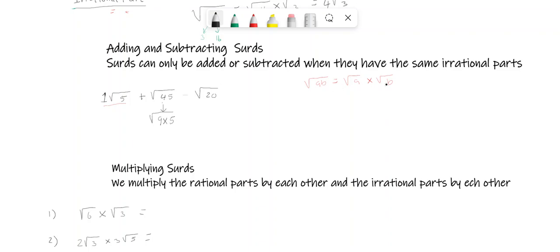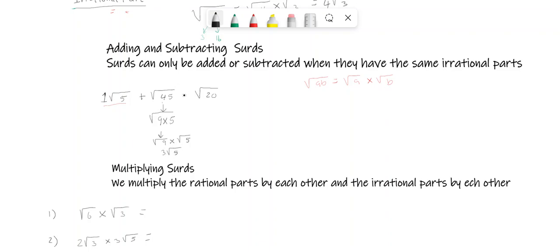And then using this rule, that's equal to the square root of 9 multiplied by the square root of 5. The square root of 9 is just equal to 3. So it's just going to be 3 multiplied by the square root of 5. So we've taken this surd here and simplified it into this one here.